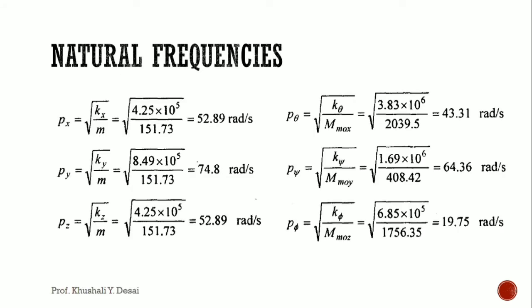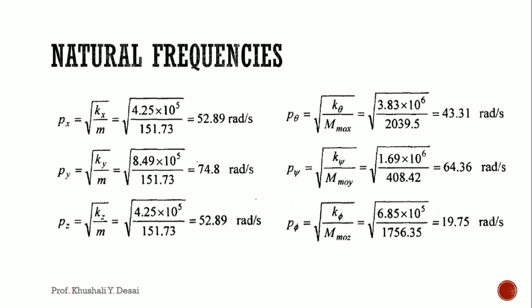The last step is to calculate the natural frequencies. So px, py, pz, and p theta, p psi, p phi are the natural frequencies in the 6 degrees of freedom. X, y, z correspond to translational degrees of freedom, and theta, psi, and phi to rotational degrees of freedom. So it is under root kx by m, ky by m, kz by m.